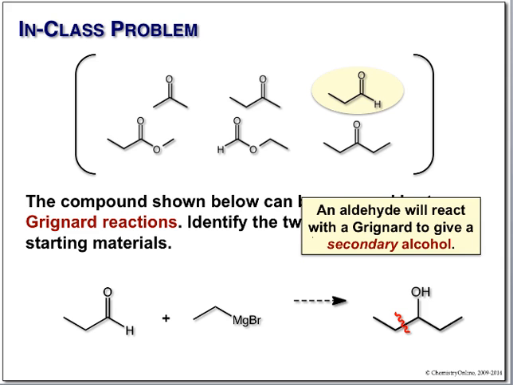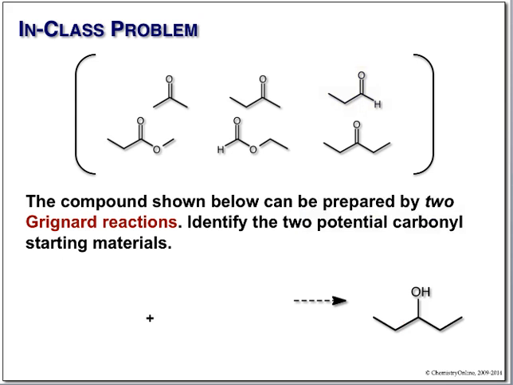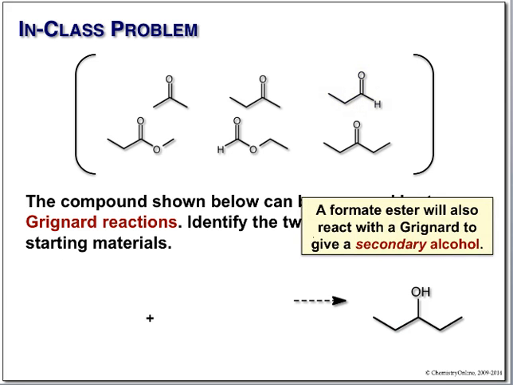There is one other way we know to make a secondary alcohol out of a carbonyl. Bottom left. It's an ester reaction again, isn't it? But the ester must be attached just to a hydrogen. That is, it must be a formate ester.